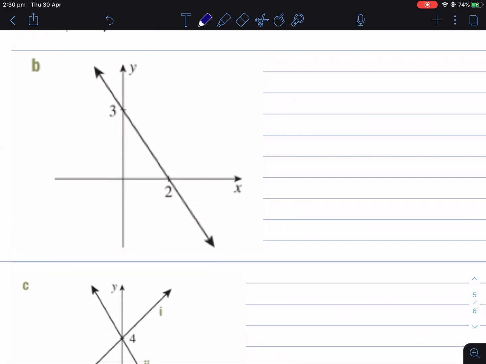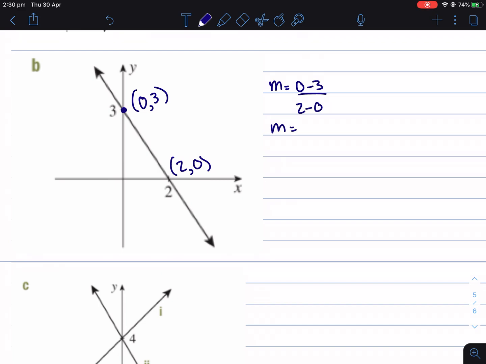This one, we've got 2 points. This is the point (0, 3), and this is the point (2, 0). So the gradient, y2 take y1, so 0 take 3, over x2 take x1.